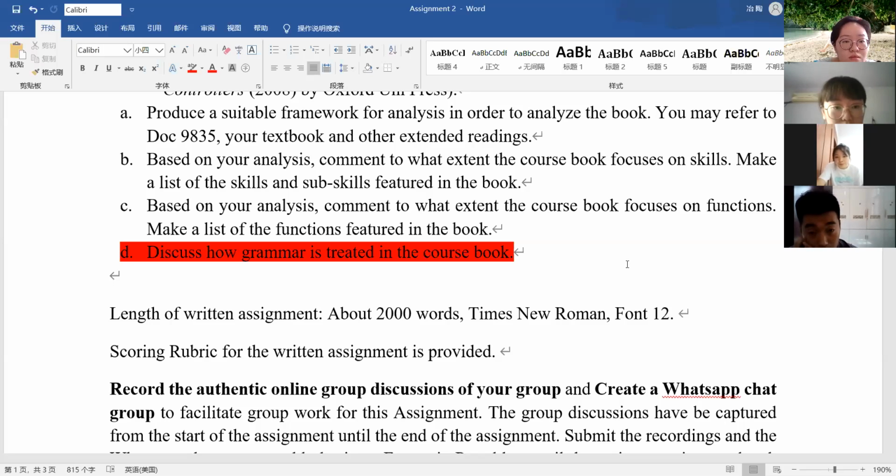And the next example is modal verb. Can you start from here, Kexin? Okay, I just wanted to share the textbook. Let me find the sharing. Okay, you can share the textbook.